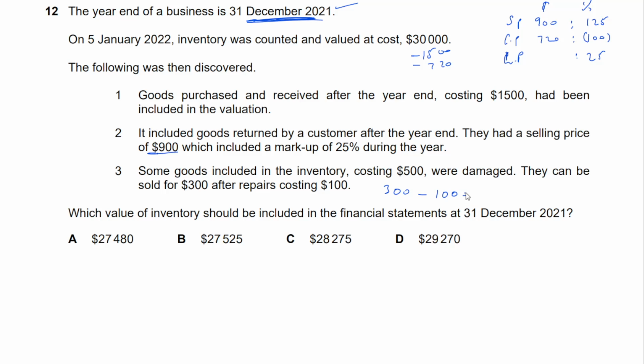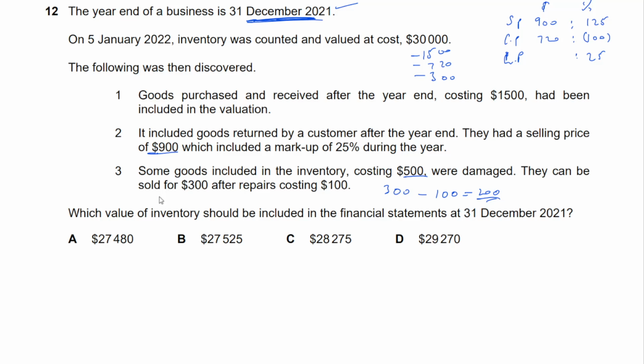So that is going to be 200. Instead of 500, it should have been 200. We have to reduce it by 300. Does that make sense? So 500 is included here. Instead of 500, it should have been 200 only. So we get rid of the 300.